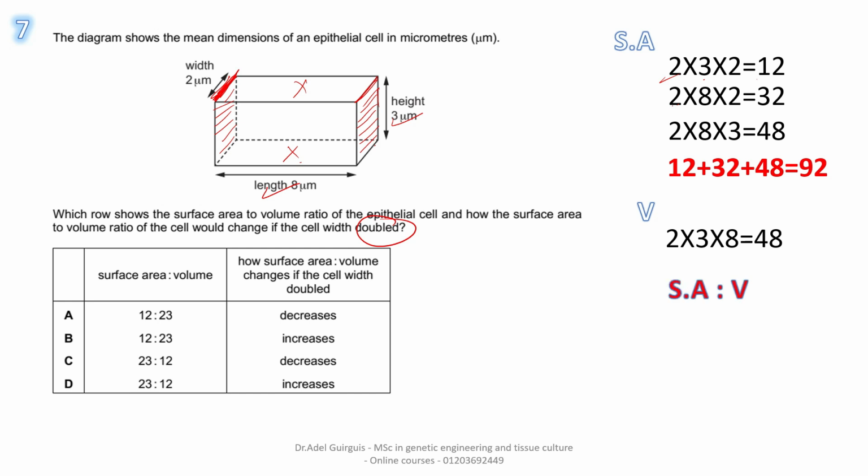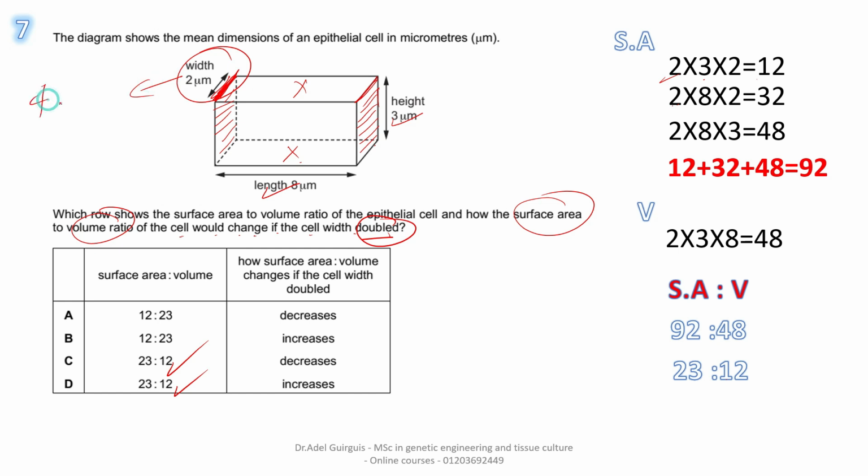The ratio between surface area and volume is 92 to 48. Dividing by the common factor 4 on both sides, we reach 23 to 12. So the answer is C or D. Here he asks what would happen to the surface area to volume ratio if the cell width doubled, I mean became 4 micrometers.